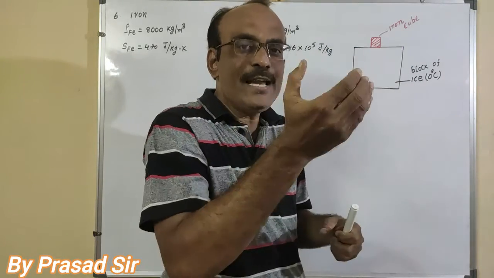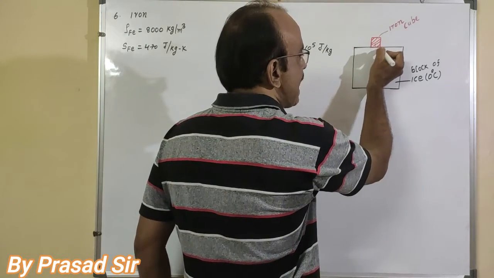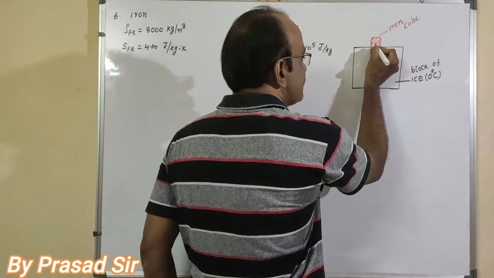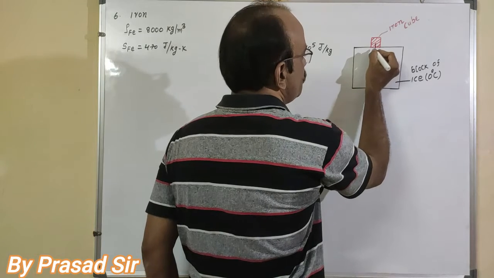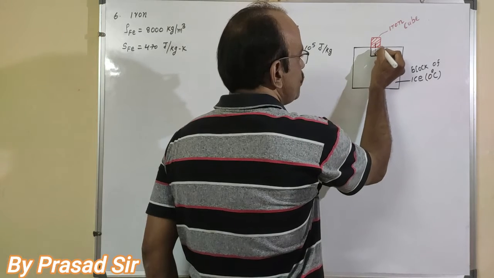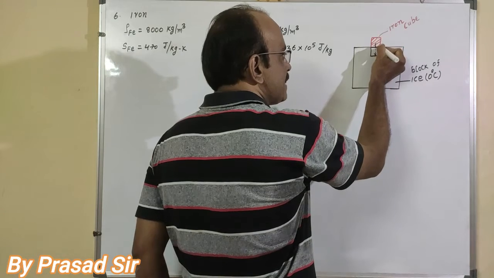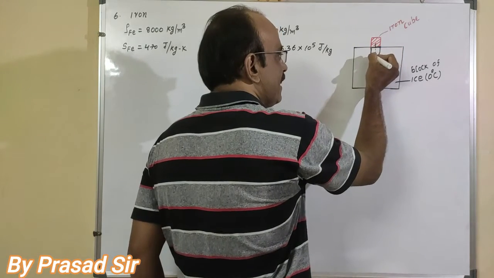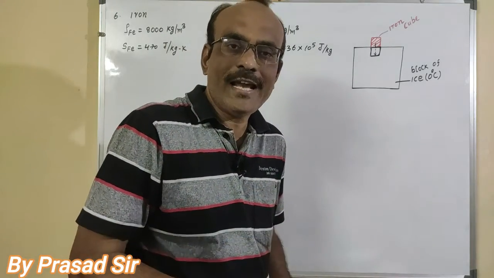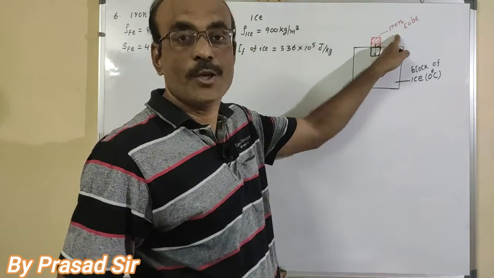Due to the high temperature of the iron cube, the ice under the iron cube gets melted, and this iron cube goes into the ice up to the level where the height of the cube is completely present inside the ice. So here, what we want to calculate is the initial temperature of the iron cube.